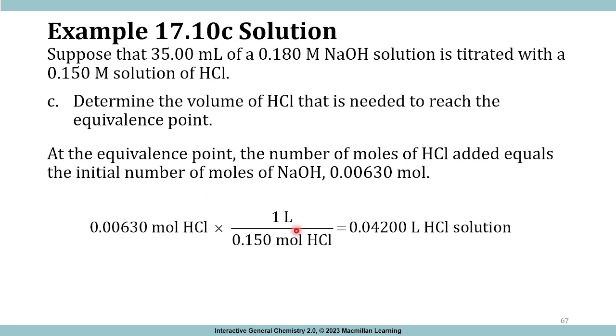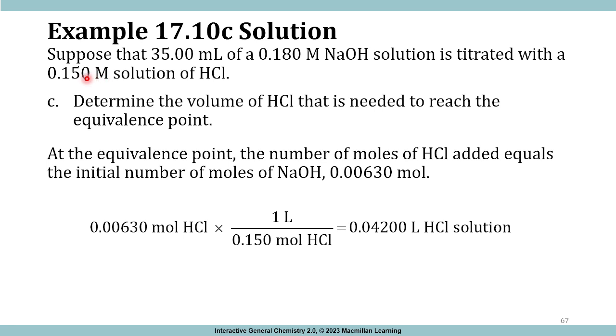We're then going to divide to get the number of liters from the concentration we were given of the HCl here. Notice that this is actually just M1V1 equals M2V2, isn't it? Remember the M1V1 equals M2V2? Yeah, that's all this is. We're taking the number of moles we need here, and then we're taking the concentration and bringing it across.